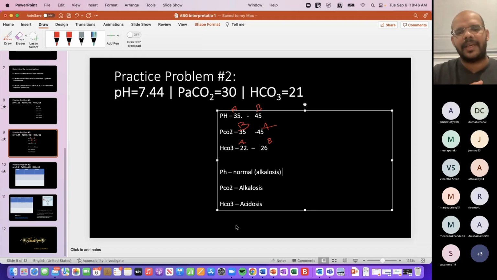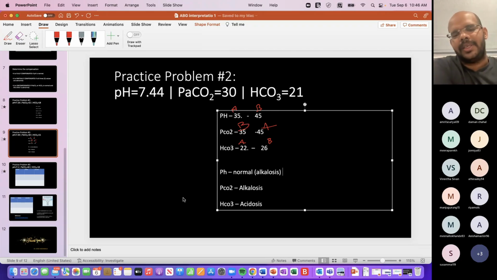So let's understand it as alkalosis. So the problem here is respiratory alkalosis, and your bicarb has compensated and brought it from the alkalosis range into the normal range.